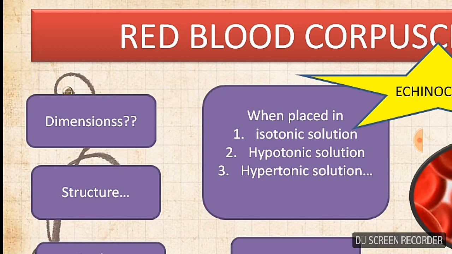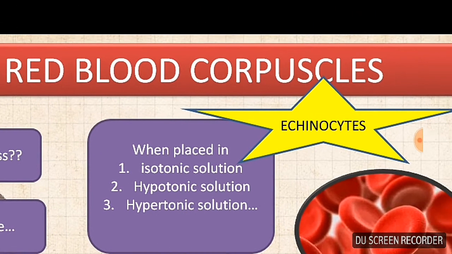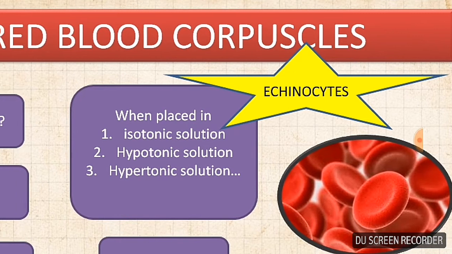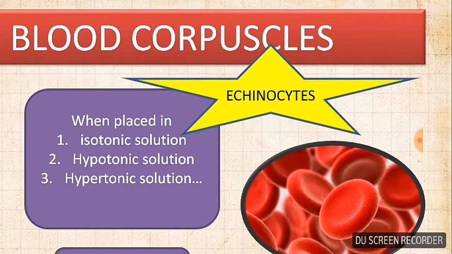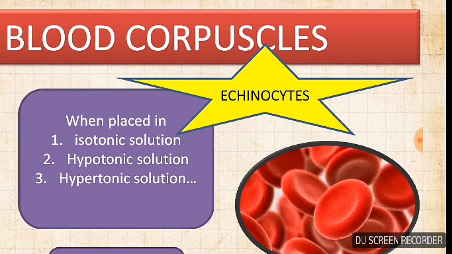Next comes the hypertonic solution. When placed in hypertonic solution, what happens? It's obviously the opposite of the hypotonic solution. So the cell shrinks and develops surface irregularities, and the RBC which develops surface irregularities is said to be an echinocyte.